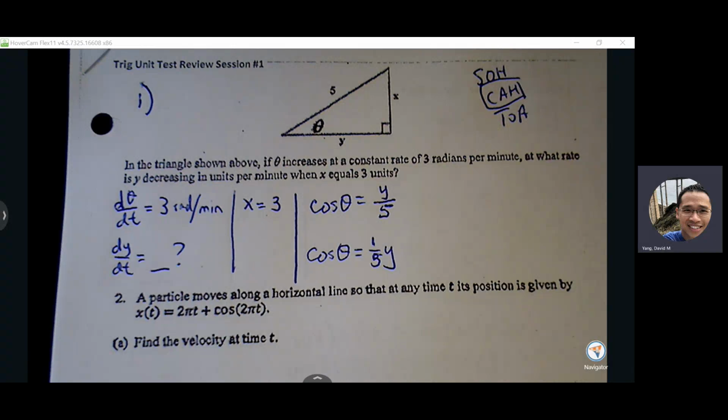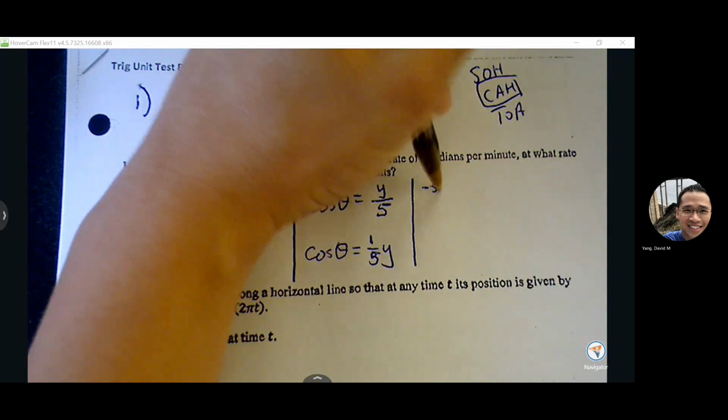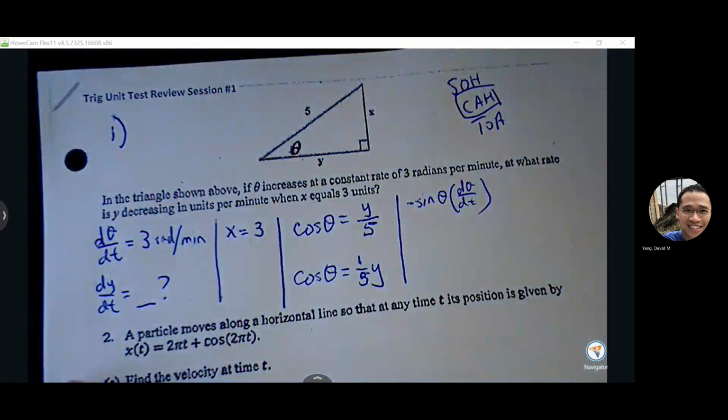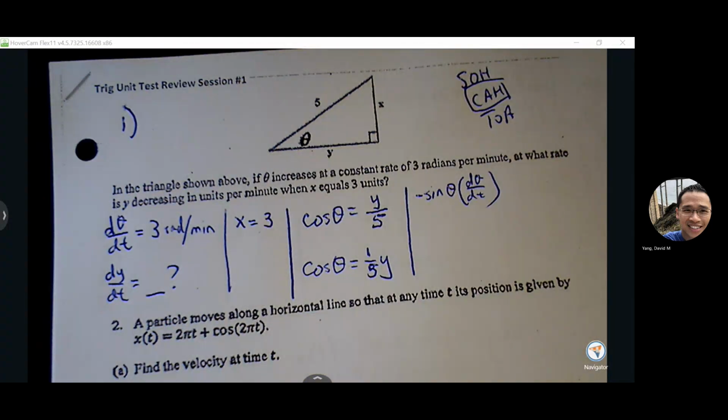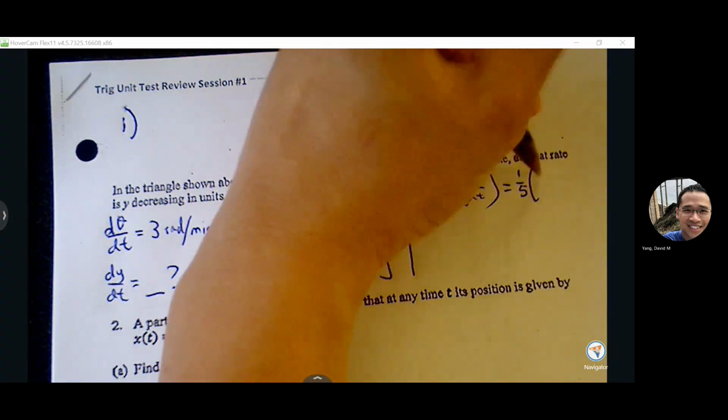Cosine becomes negative sine. One fifth y becomes 1/5 dy dt.